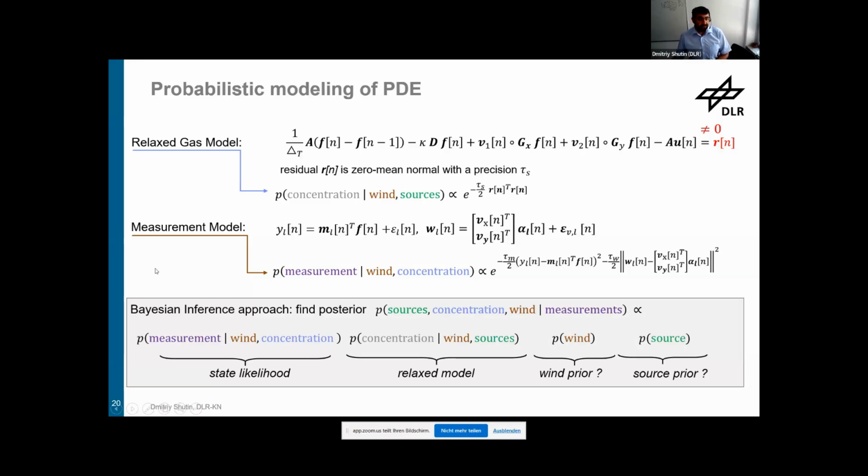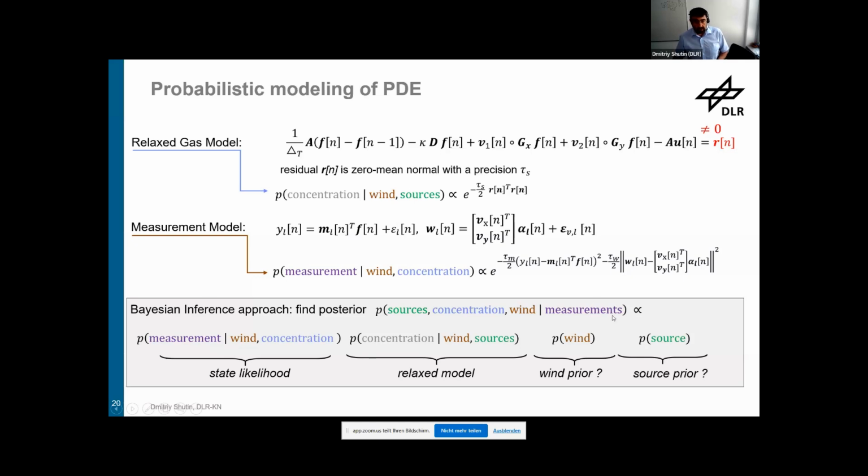We need to also define the prior distribution for the wind and for our sources. If we bring all pieces together, we would like to estimate concentration, wind and the sources given our measurement. So we would like to come to a posterior distribution of these unknown parameters given what we measure.